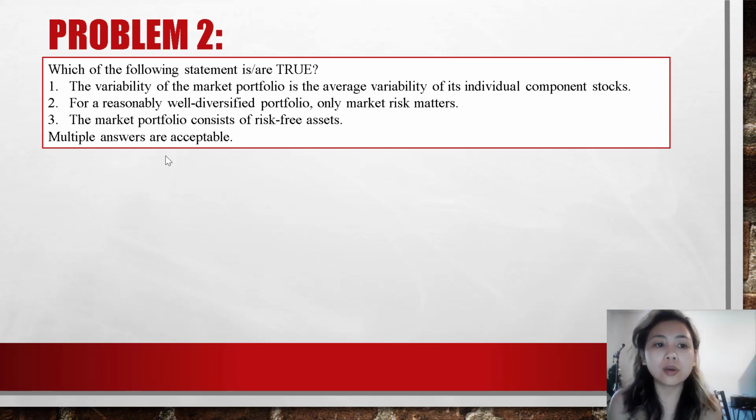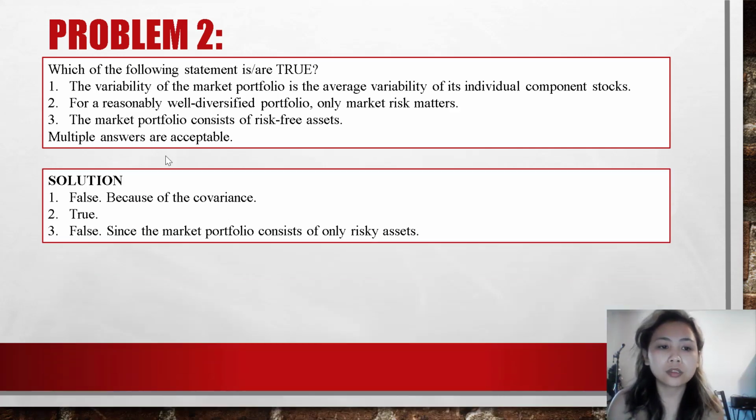So 1 and 3 are both incorrect. Now number 2: for a reasonably well diversified portfolio, only market risk matters. Yes, only market risk matters. So number 2 is correct and 1 and 3 are incorrect.